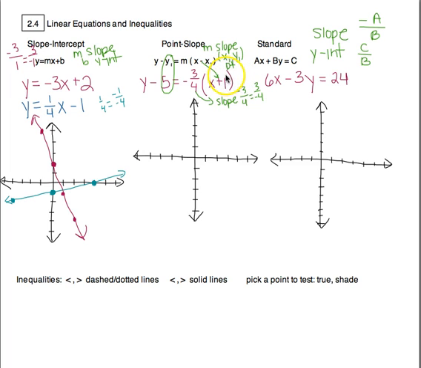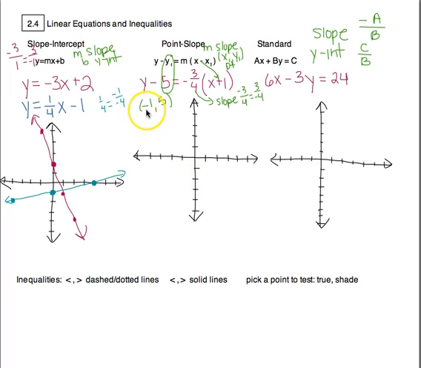So x1 is -1, and the point is -1 for my x1. My y1 is 5. So I can graph it with just this point and the slope. I do not need the y-intercept to graph it.